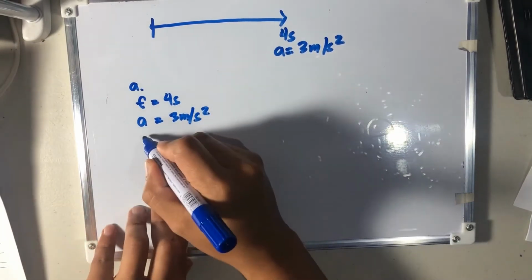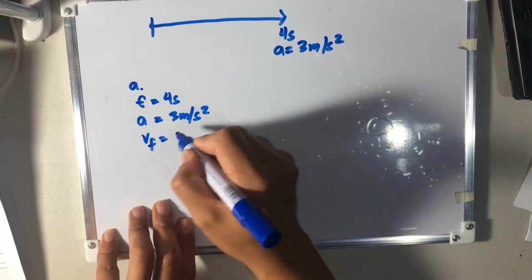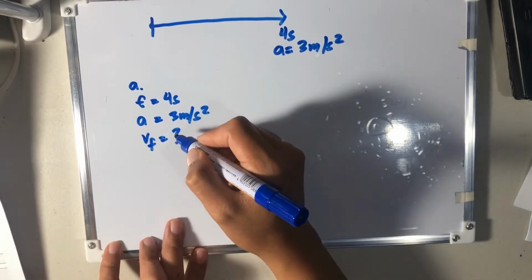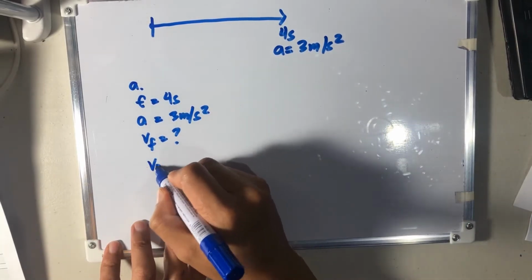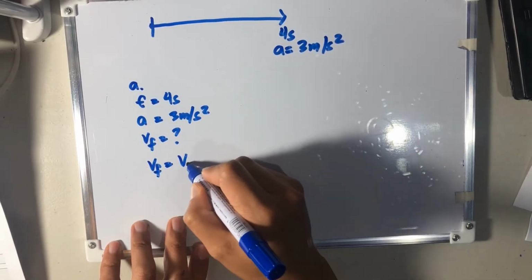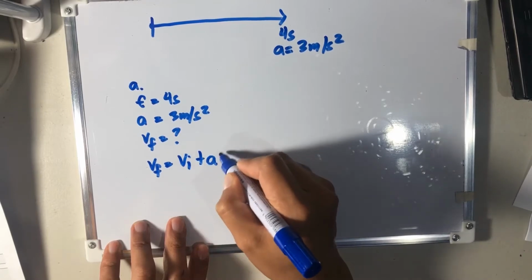And then we are tasked to solve for the final velocity at the end of 4 seconds. So from the formulas, we will use Vf is equal to Vi plus at.